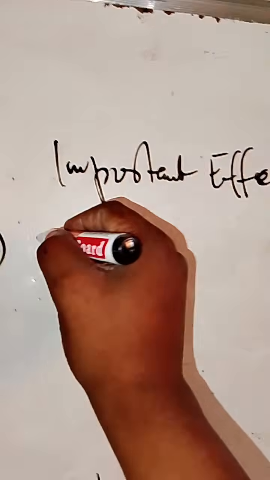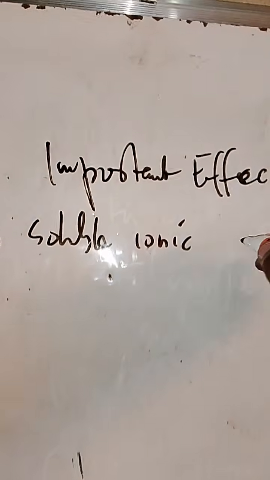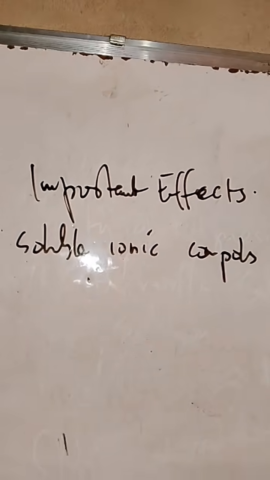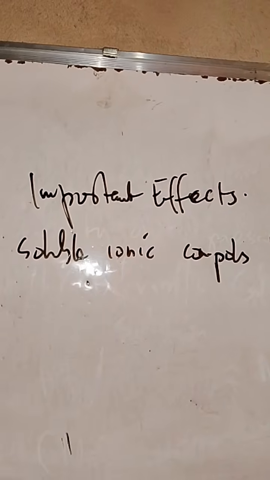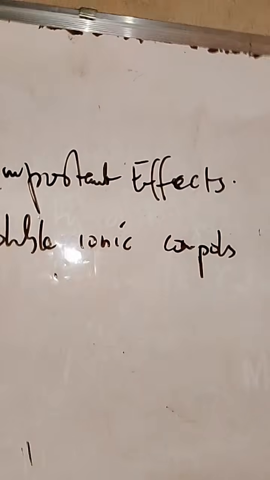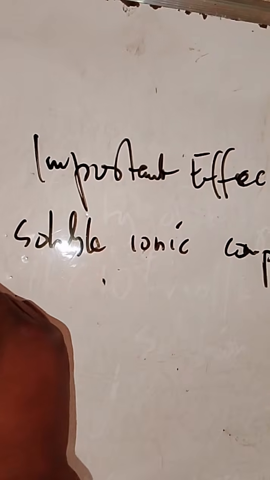The first one, for highly soluble ionic compounds, ionic activities must be found instead of the concentrations that are used in slightly soluble solutions.